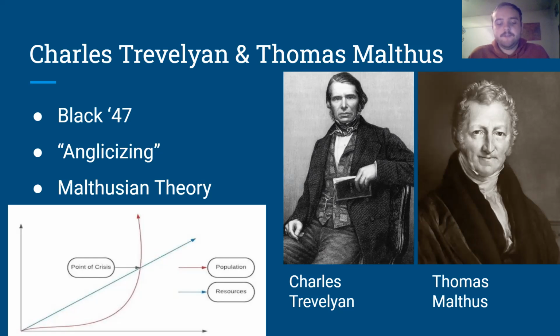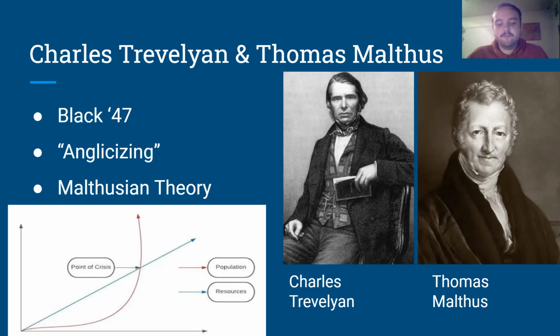To the dismay of Irish people, however, this change would only prove to place greater stress on the poor, as Trevelyan saw the famine as more of an opportunity to change law, not that Peel didn't see it as an opportunity to change law. But Trevelyan also saw it as a way to anglicize the country.